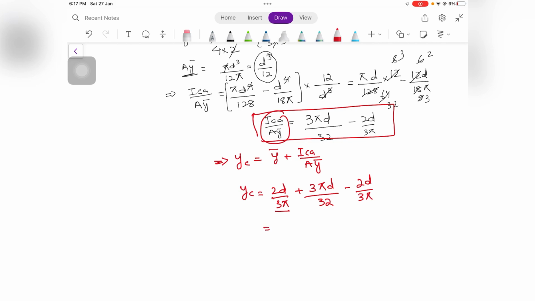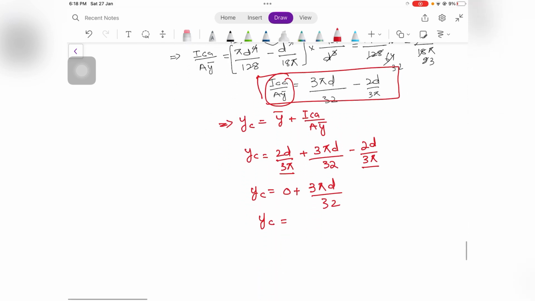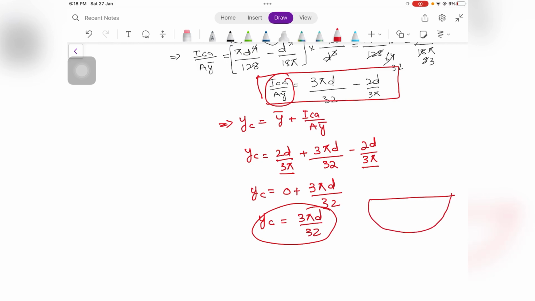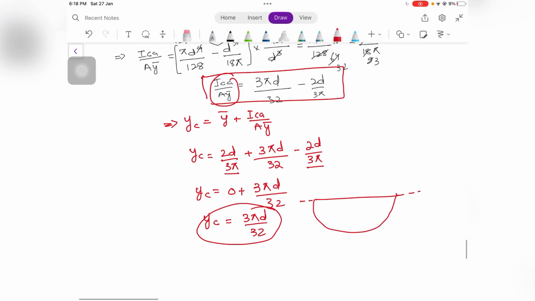So the difference of these two is null, plus 3 pi d upon 32. So the depth of the center of pressure in this scenario of a semicircular plate being immersed vertically in a homogeneous liquid in such a way that its diameter is just at the free surface is 3 pi d upon 32.